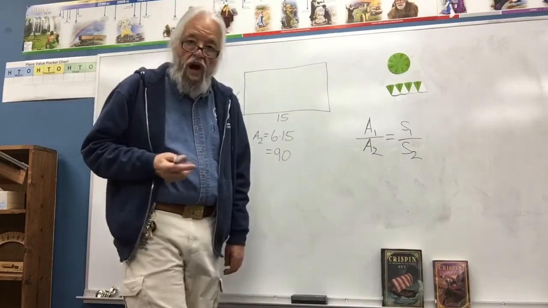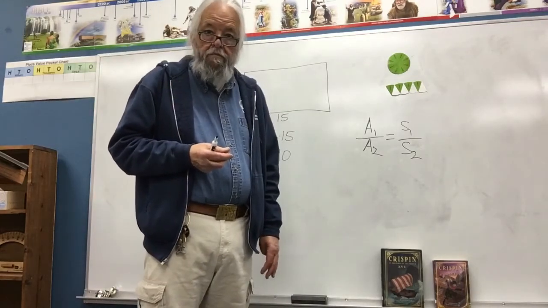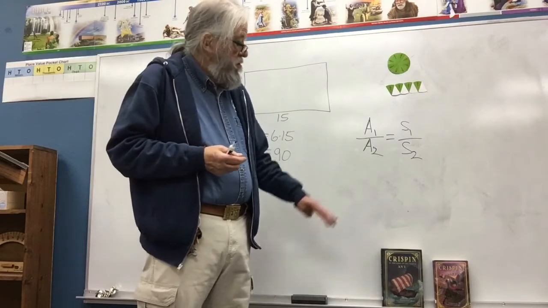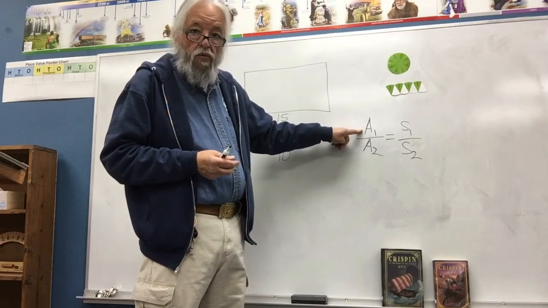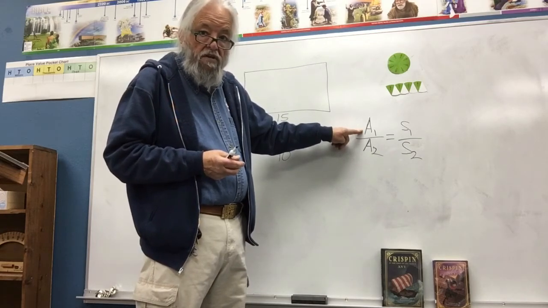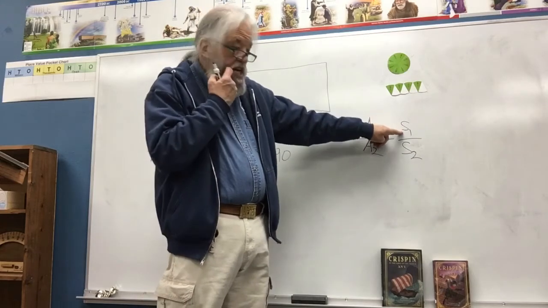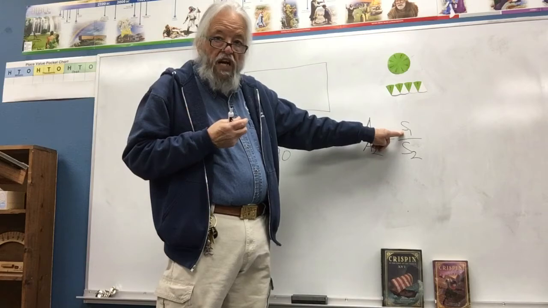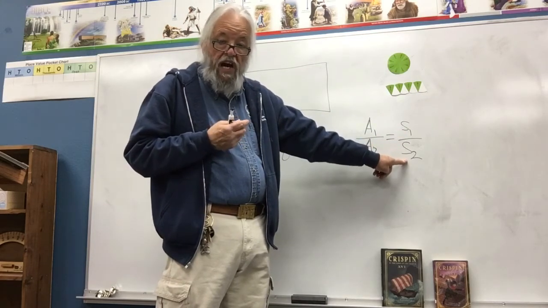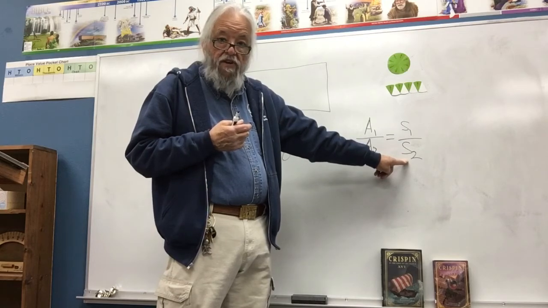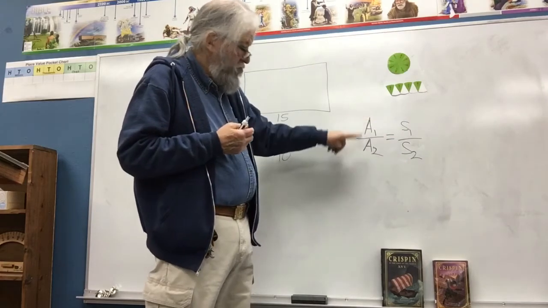And on all these problems, if it gives you 3 of them, okay, you can find, if you wanted to find out what the area of figure 1 was, you knew the area of figure 2, and you knew the measure of one of the sides, and the corresponding side on the other figure, this ratio is also going to be this ratio.